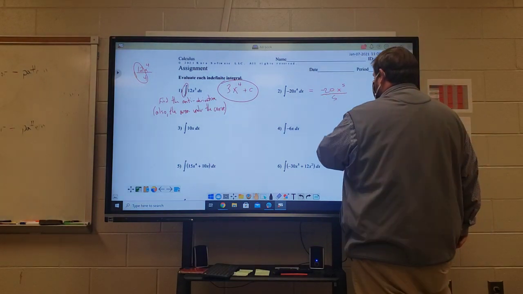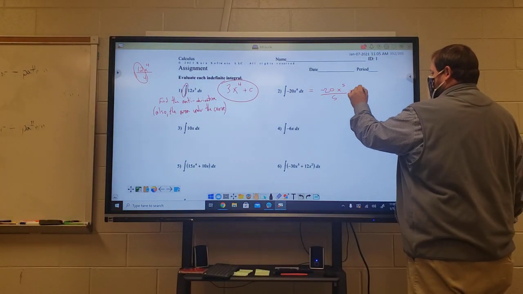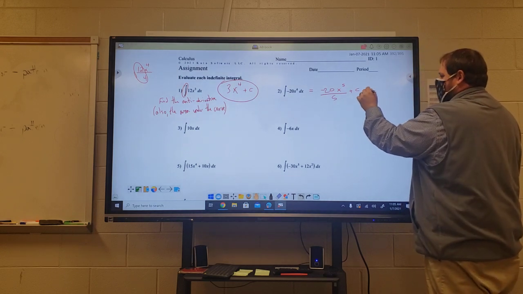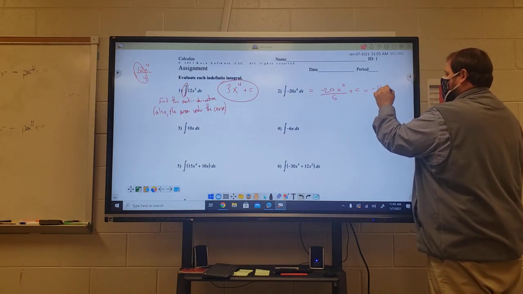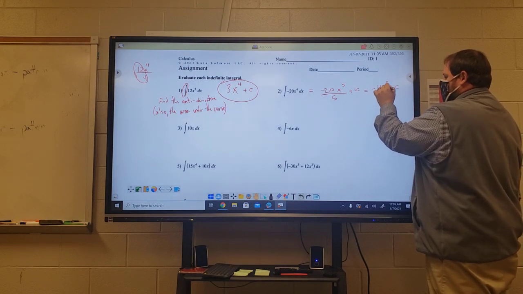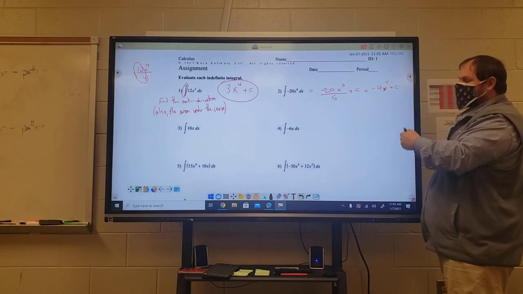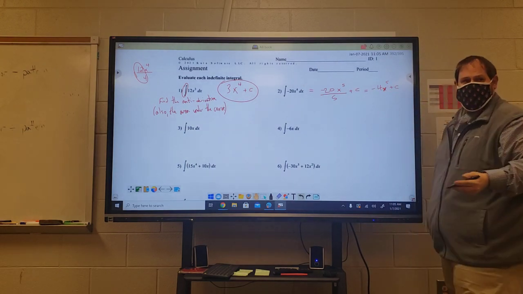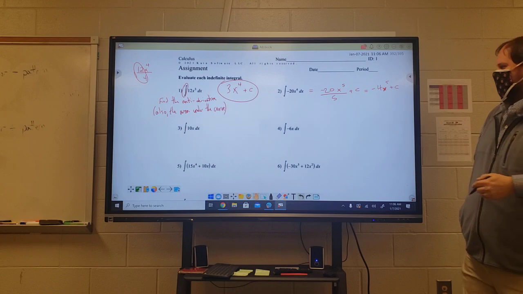The exponent, 5, yes. Now, if this was on a multiple choice test, you'd have to simplify that to negative 4x to the 5th plus c. You can always check to see if you got it right by taking the derivative of your final answer. 5 times negative 4 will be negative 20, multiply down, decrease power, same.